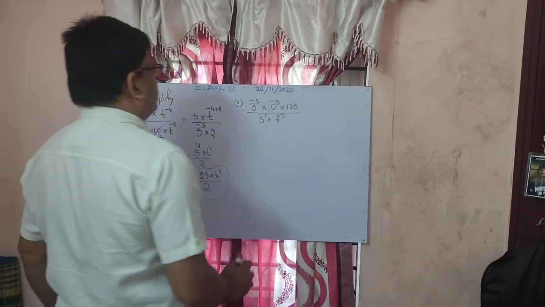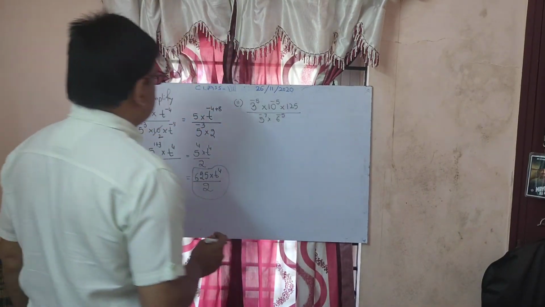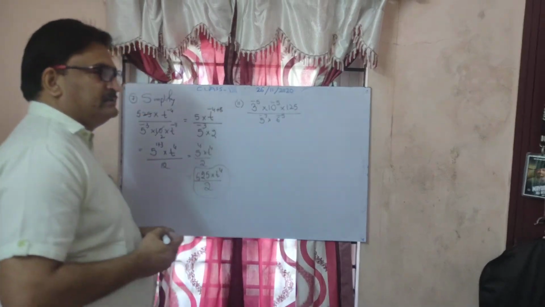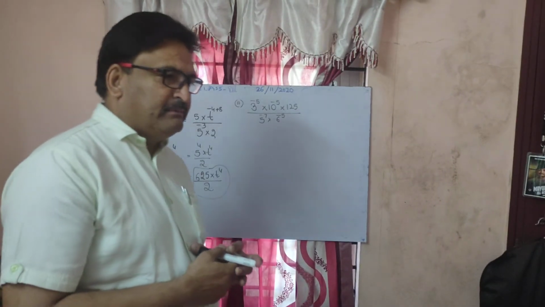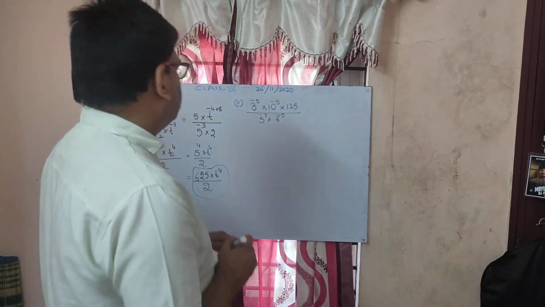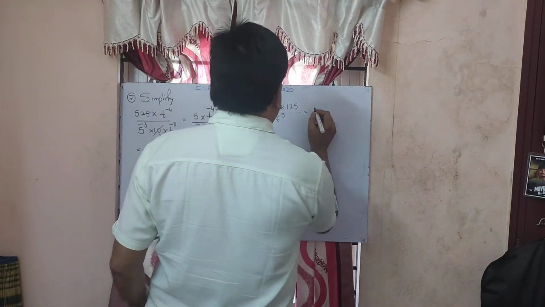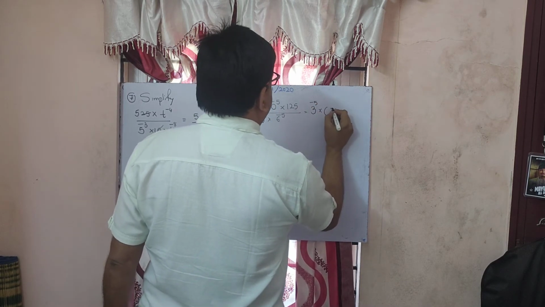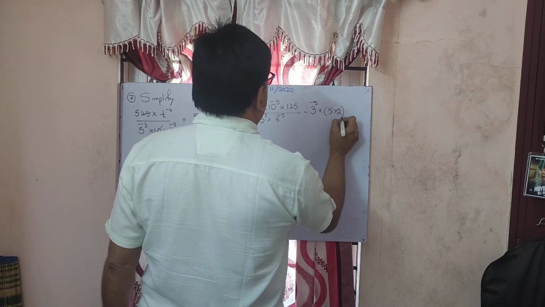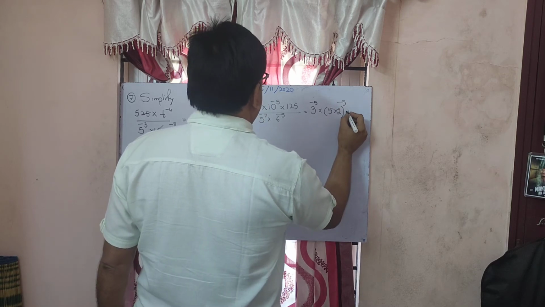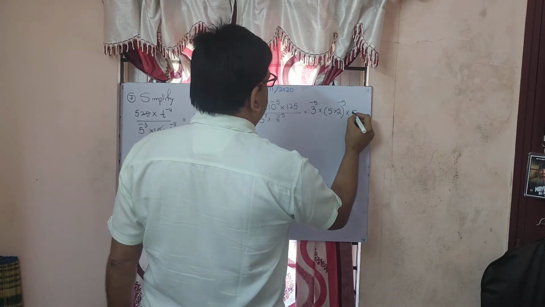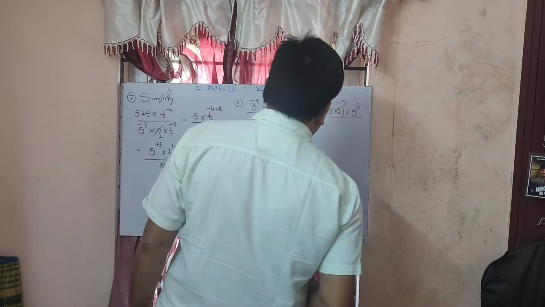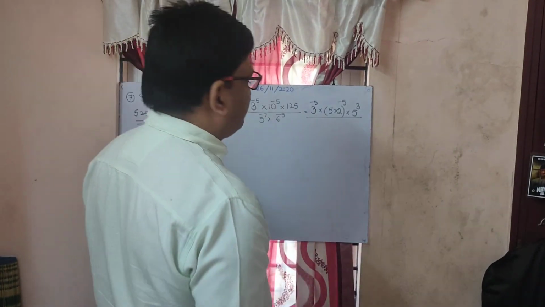Okay, now first of all, write all the numbers in prime numbers. So 3 is a prime number. There is no need to write it, as it is, minus 5. 10 can be written as 5 2s are 10, minus 5 as it is. 125 can be written as 5 cubed. 5 into 5 into 5 is 125.